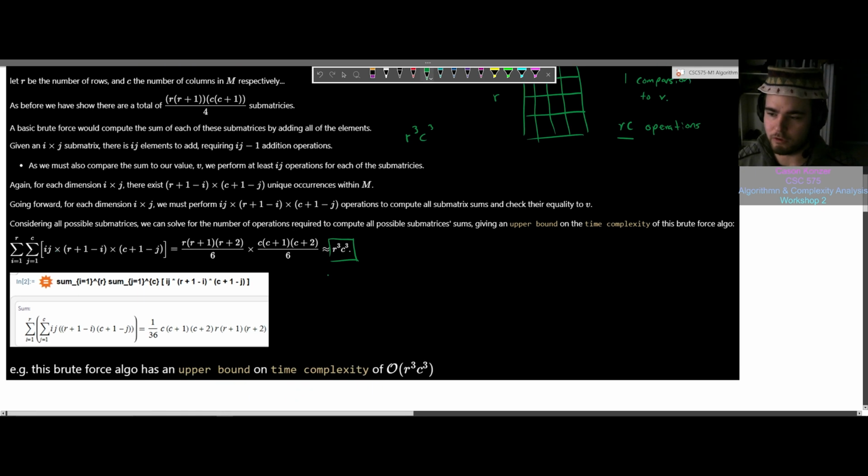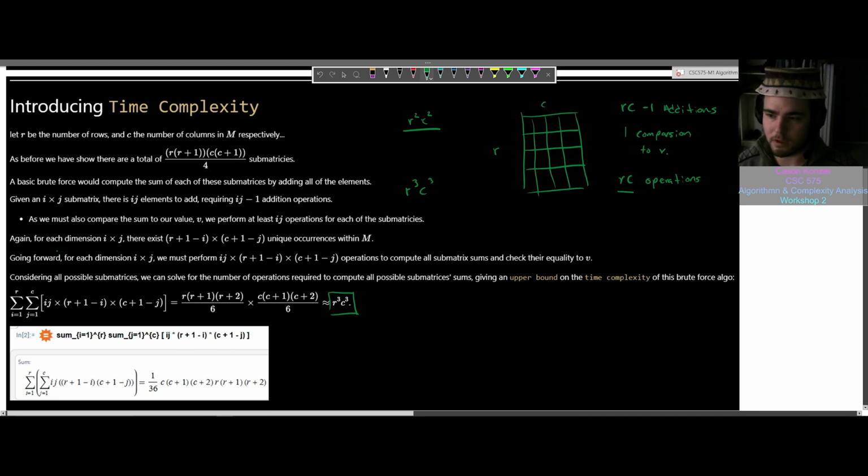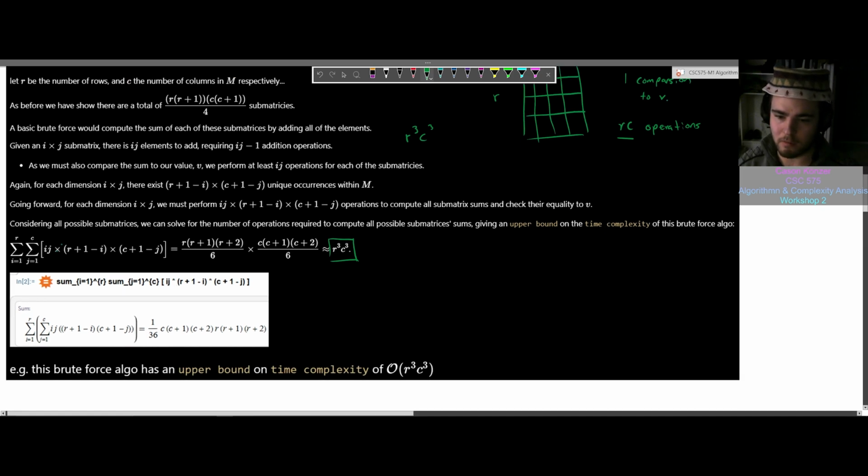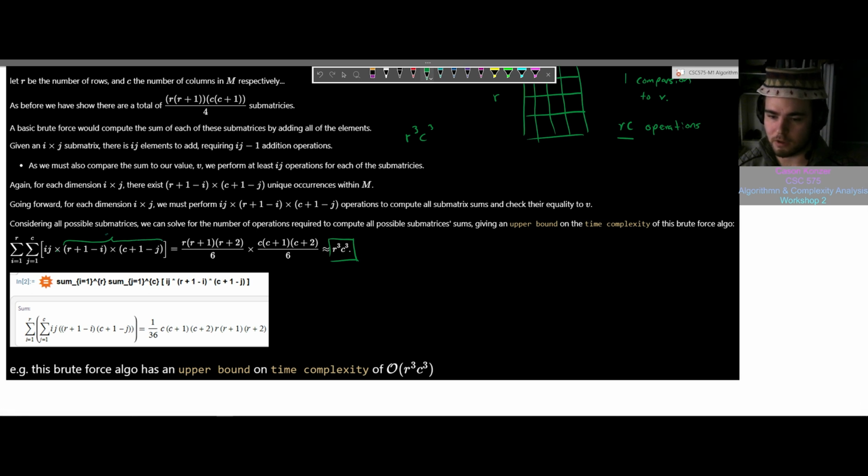If you were to replace the previous r squared, c squared approximation with its initial sum, the number of submatrices for each dimension, and multiply that by the number of operations you need to do for that dimension, you can validate that we are still in this same approximate case, and I did so using Wolfram Alpha through Mathematica.